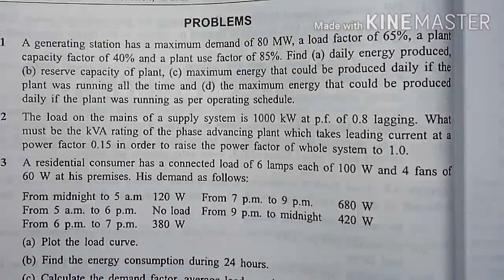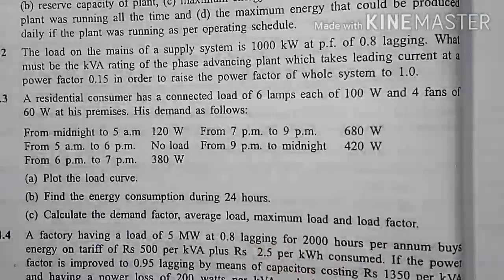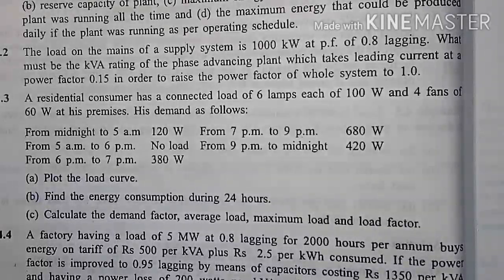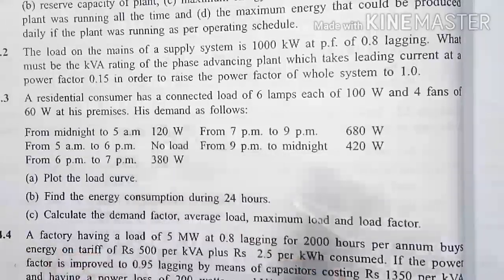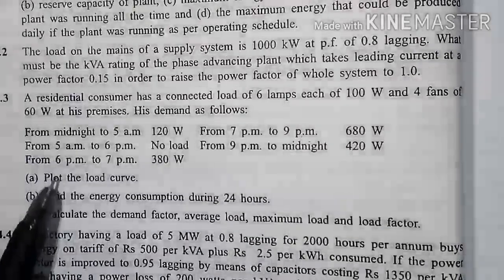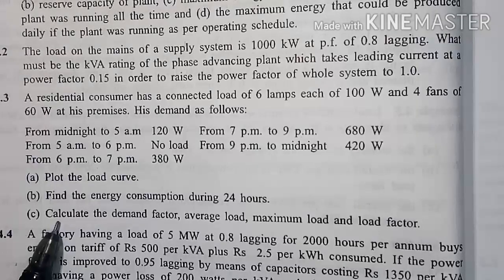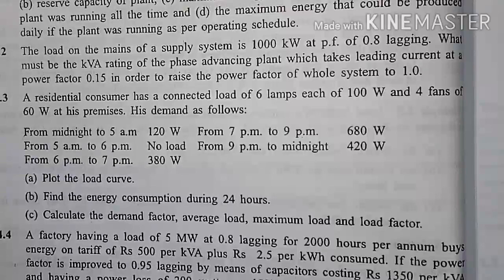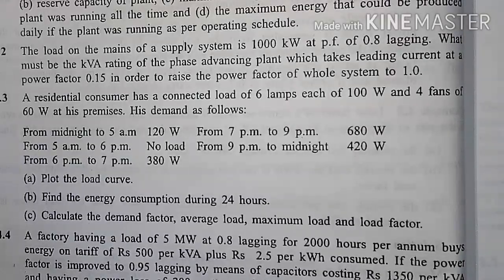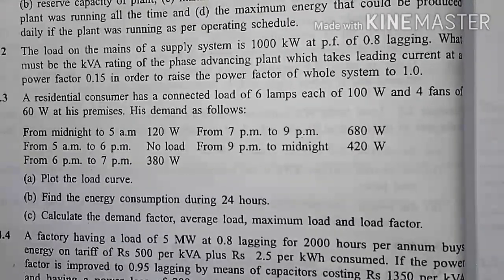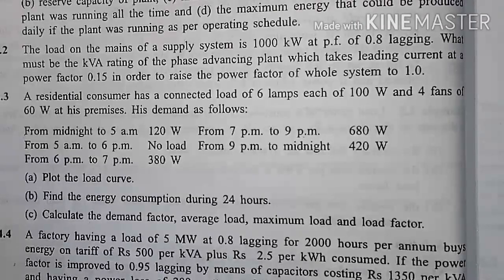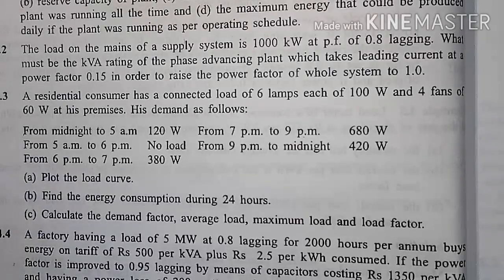You must also solve problem number 3 here. It is on a residential consumer and there are 3 parts in it, A, B, C. You have to find the solution for this third problem as homework. Only these 2 problems you take as homework, solve and keep it with you so that whenever I ask, you can submit it.